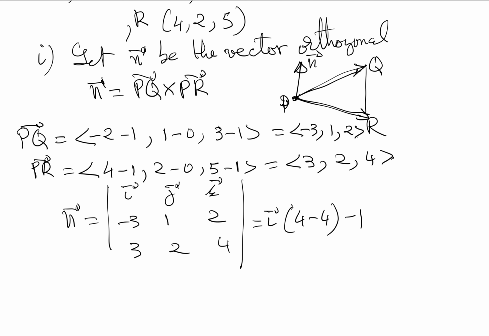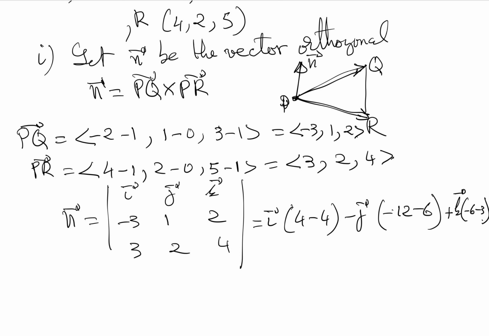The next one is negative j vector: you will have -3 times 4, which is -12, minus 6. Next you have the k vector, parentheses -6 minus 3. Let me check to make sure: -6 and minus 3.